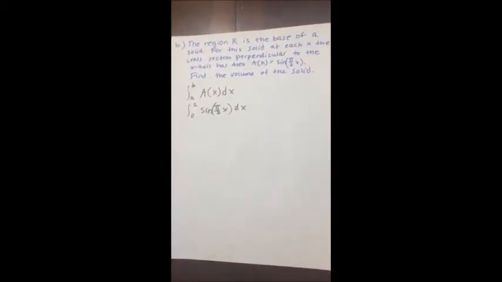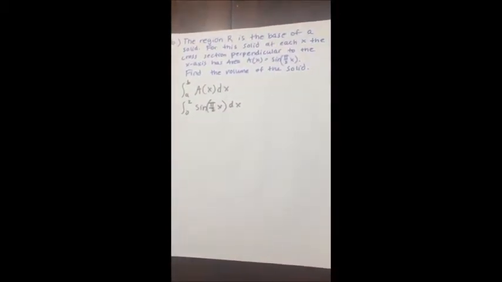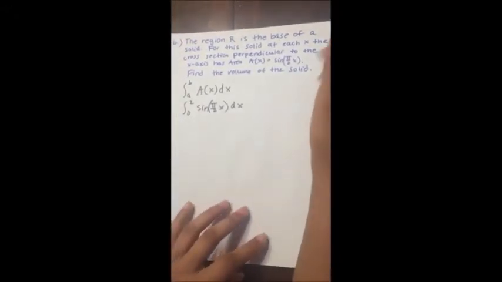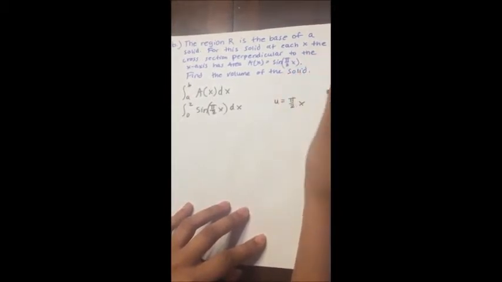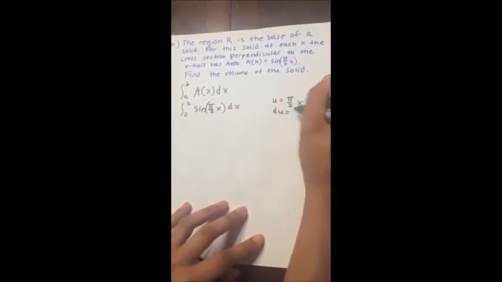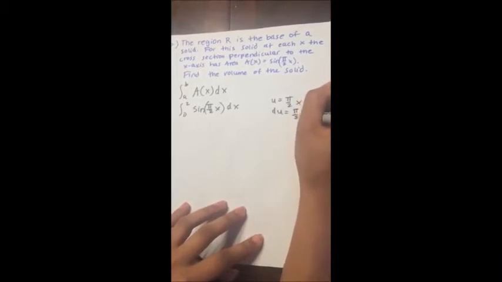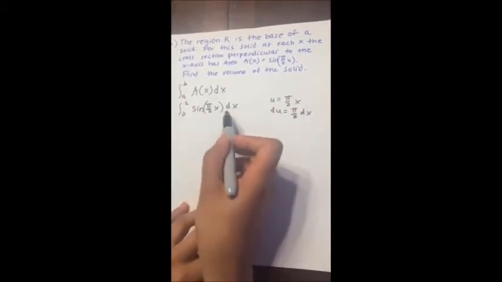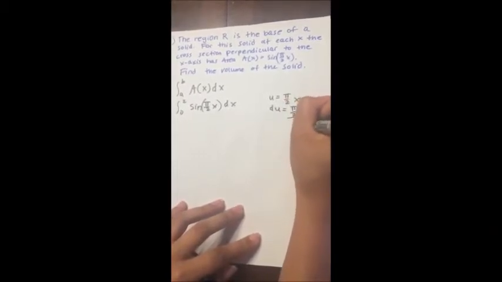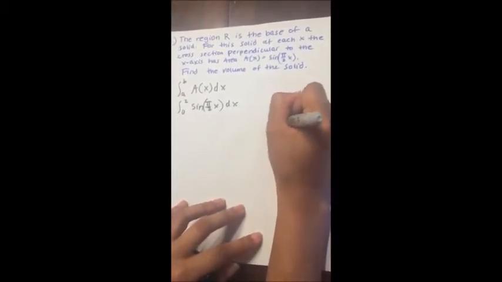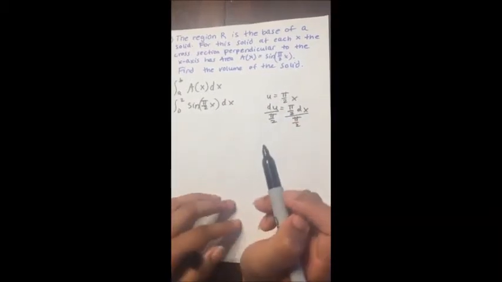Now we have to integrate sine of pi over 2 x, and to do this, we can use u substitution. We can set u equal to pi over 2 x, and then du is pi over 2 dx. But in the problem, they only want dx, so you divide each side by pi over 2, which is the same thing as multiplying du by 2 over pi.